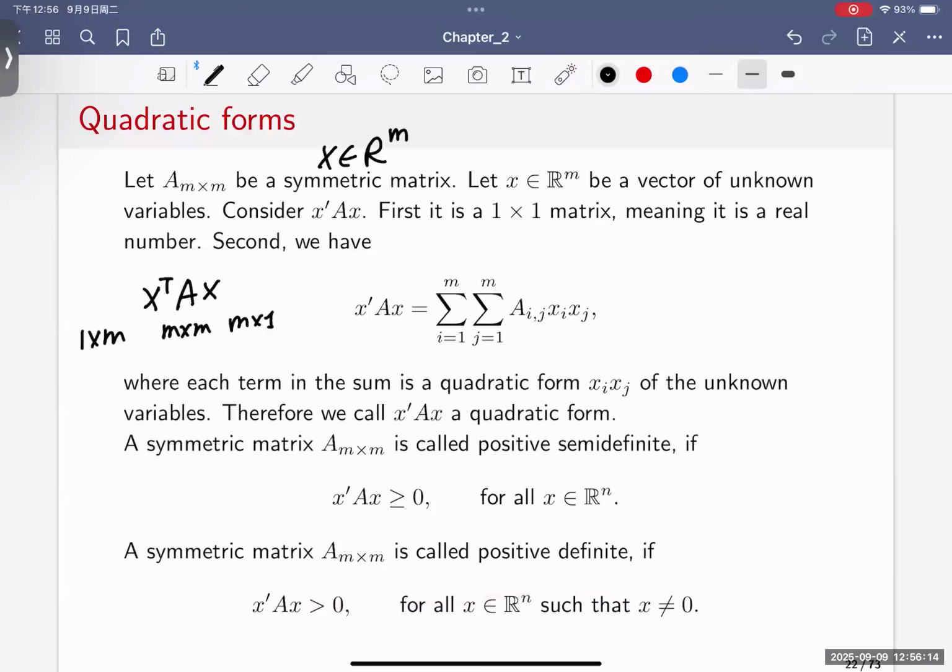The connection with eigenvalues is that positive semi-definite is equivalent to all eigenvalues being larger than or equal to 0. And positive definite is equivalent to all eigenvalues being larger than 0.